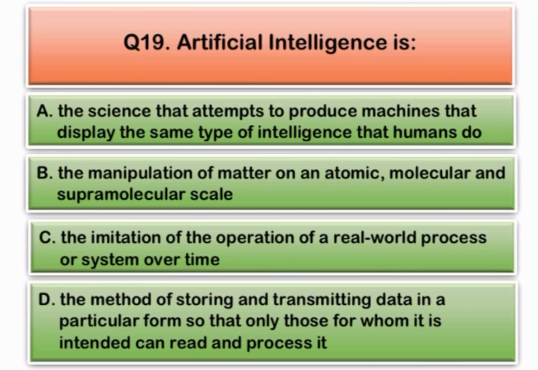Artificial intelligence is the science that attempts to produce machines that display the same type of intelligence that humans do. The manipulation of matter on an atomic, molecular, and supramolecular scale. The imitation of the operation of a real world process or system over time.